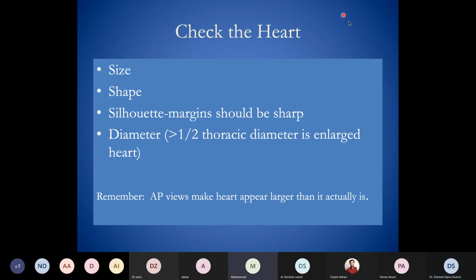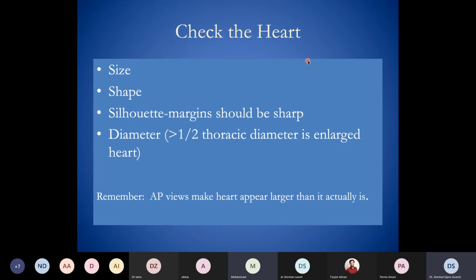I totally agree with that, Dr. Zishan. So I think we can split it into sittings. Today we can discuss the mediastinum. I think it's very important because in medicine we rely a lot on chest X-rays for making the usual diagnosis. So I agree with that.